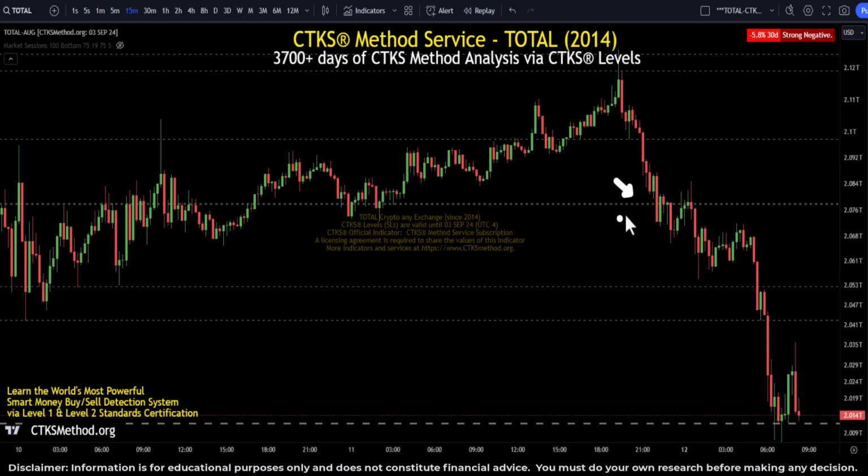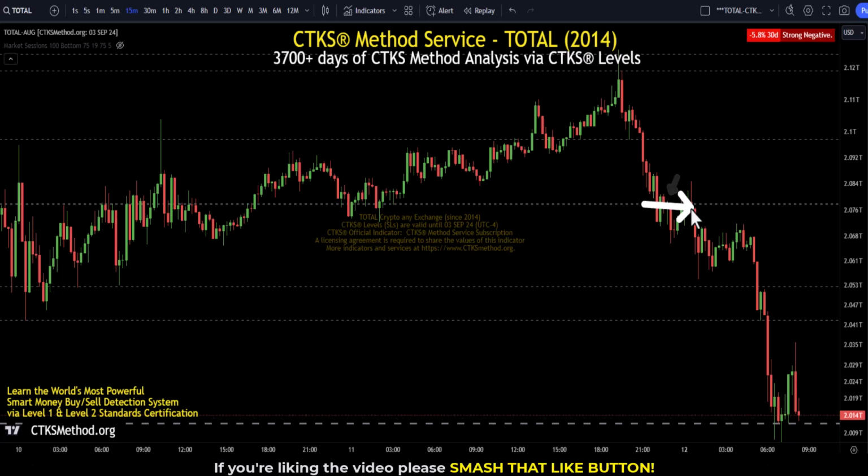And you can see these levels on total crypto market cap, and total crypto market cap is literally all of the other alts. Bitcoin, Ethereum, Solana, XRP, ADA, Pepe, you just name it, it's all in here. But if it fails to get above, it's heading to the next one. If it fails to get above that, it's heading down to the next one.